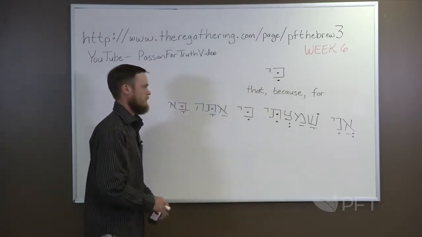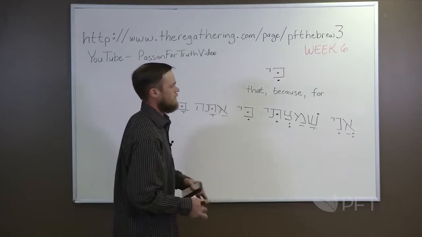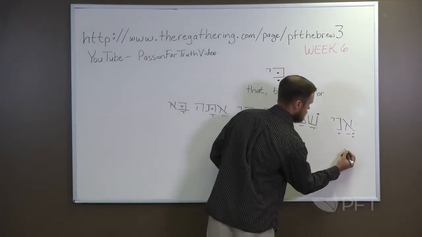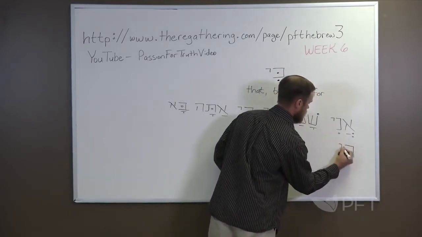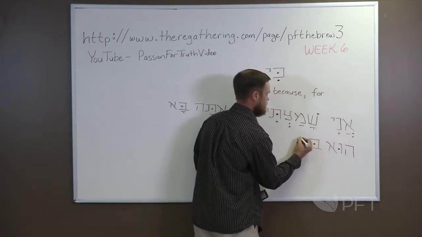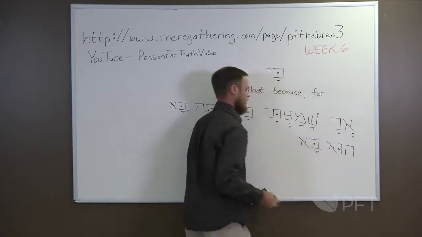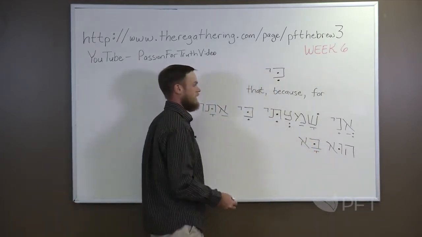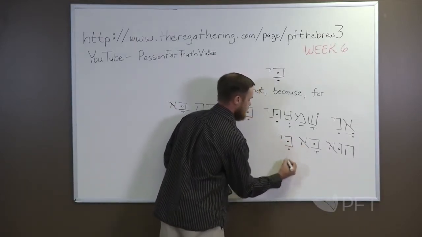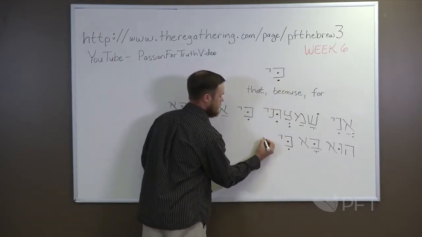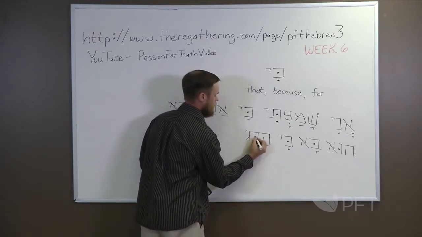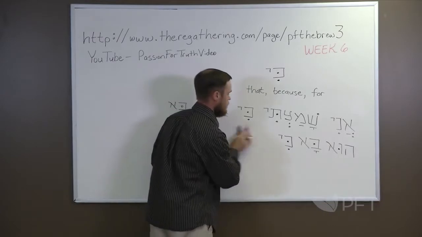So the example I have at the bottom of the page that talks about ki. All right, he is coming. Hu ba. Right, he is coming. Why is he coming? Well, actually, I had that written the other way.